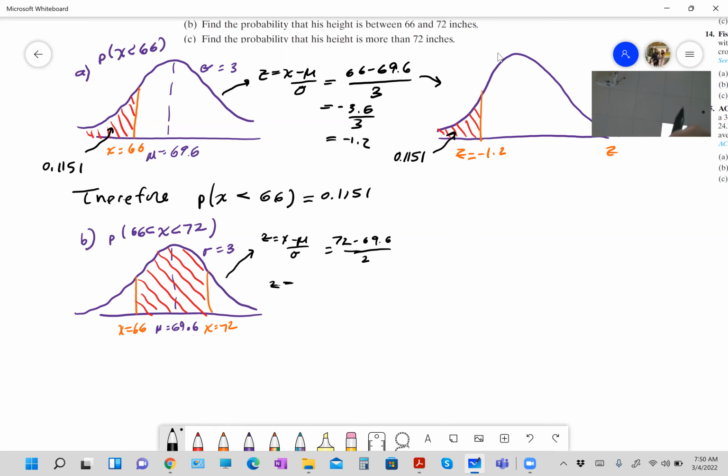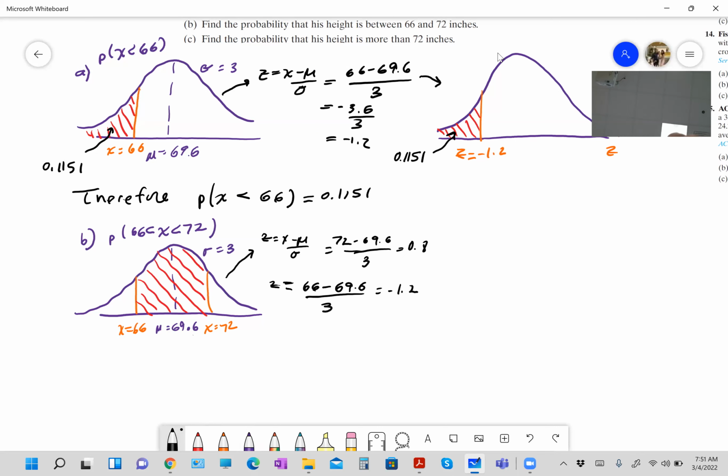And the other one is going to be 66 minus 69.6 divided by 3. So we have 72 minus 69.6 divided by 3, which is 0.8. And the other one we just did in the previous problem, it was negative 1.2. Agreed?